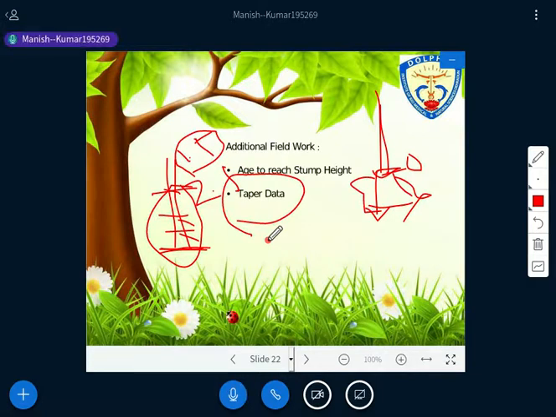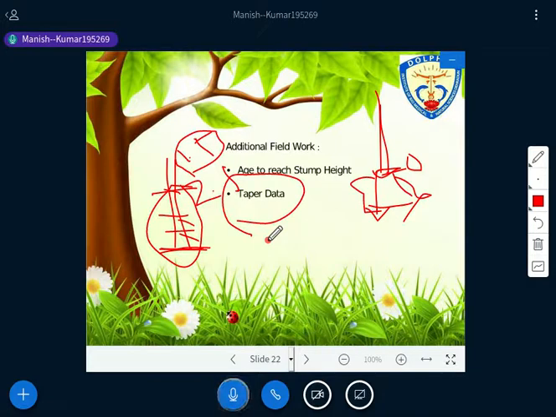How are you supposed to do this conversion? You need to develop the relationship between diameter under bark at stump height and diameter over bark at breast height. Then you are able to make this conversion.